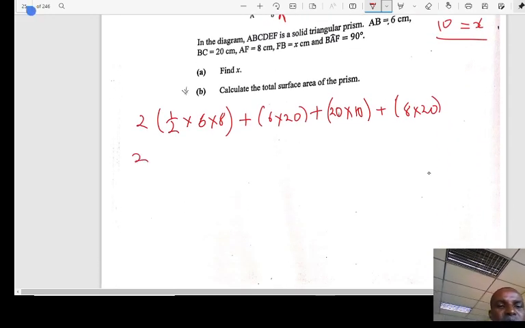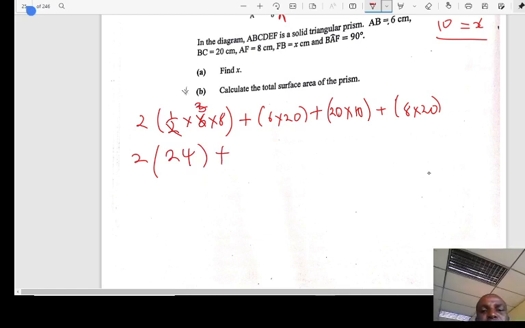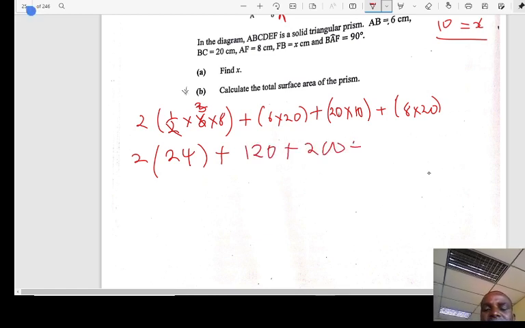Here it will be 2 times half, 4, 3 here. 3 times 8 is 24. Then plus 6 times 20. What is 6 times 20 here? It's 120, plus 20 times 10 is 200, plus 8 times 20 is 160. Then you add. 2 times 24 is 48 here.